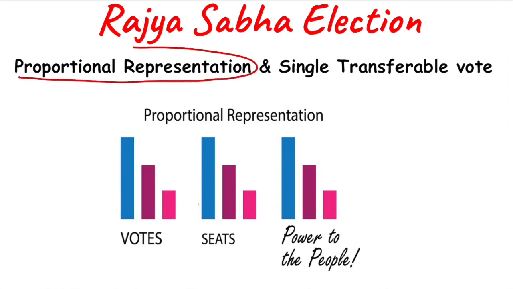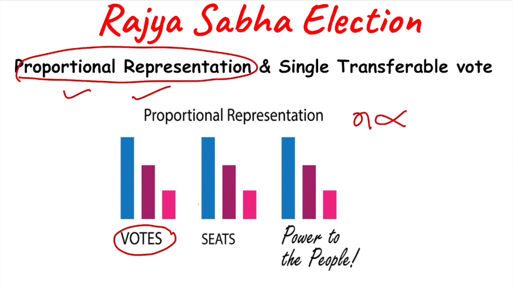Now coming to how the Rajya Sabha election happens. Rajya Sabha election happens through proportional representation. So, what is proportional representation? The term proportional representation simply means that the vote share is in proportion to the number of seats garnered by a particular political party.